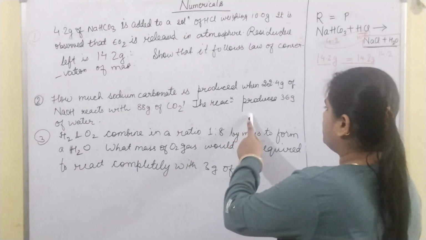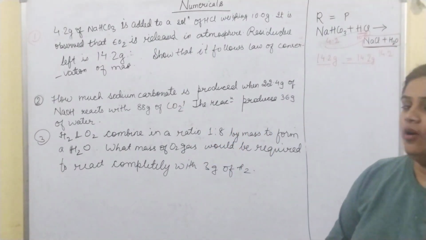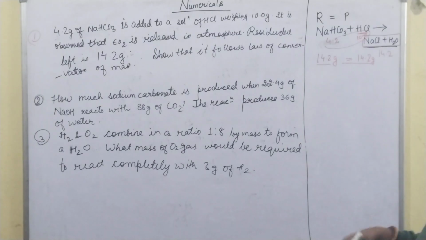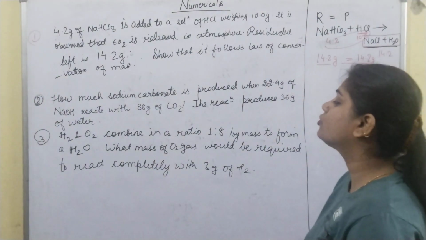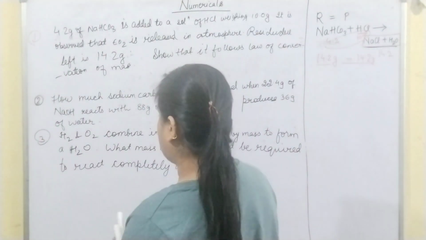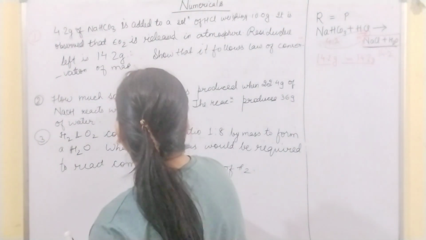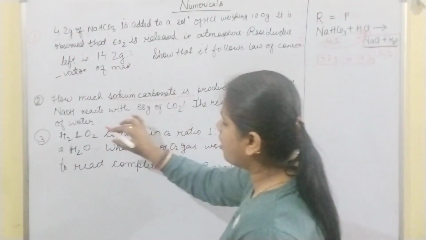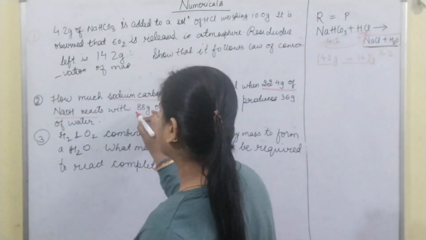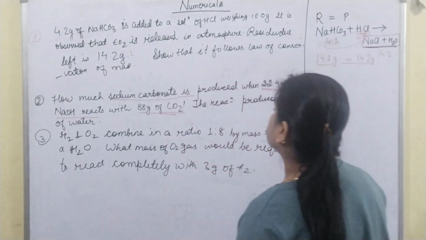The reaction produces 36 gram of water. So a reaction is being given. It is asking how much sodium carbonate is produced when this much sodium hydroxide reacts with this much CO2.